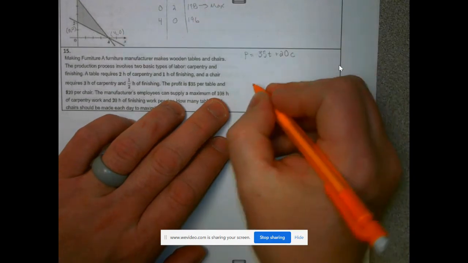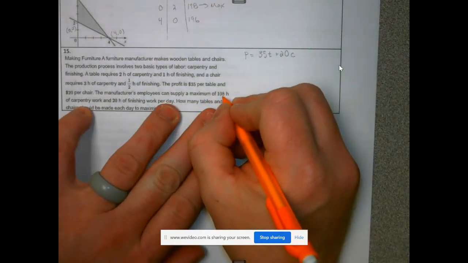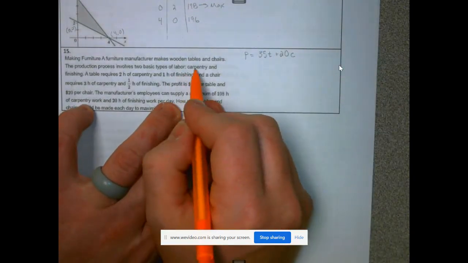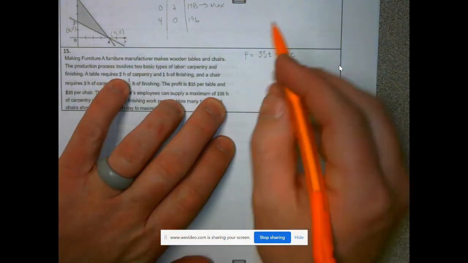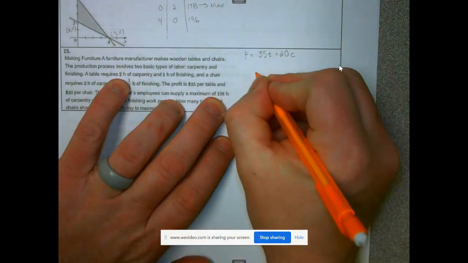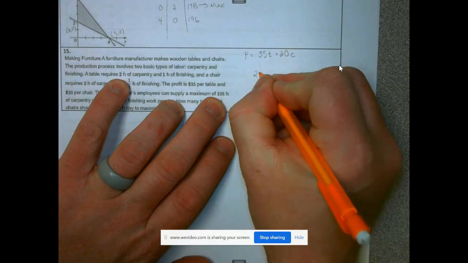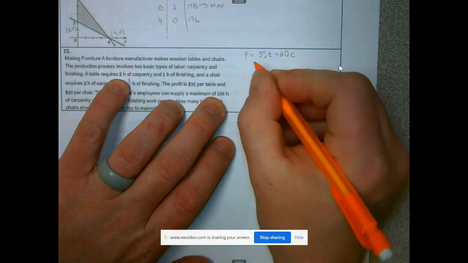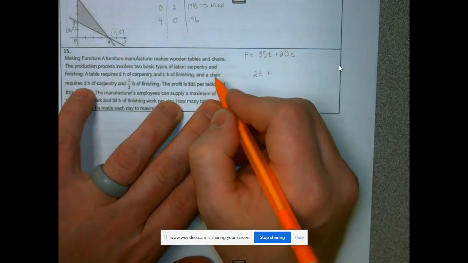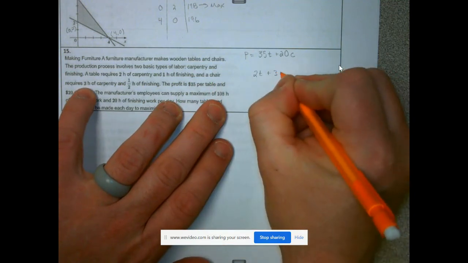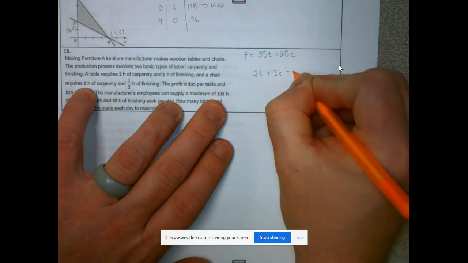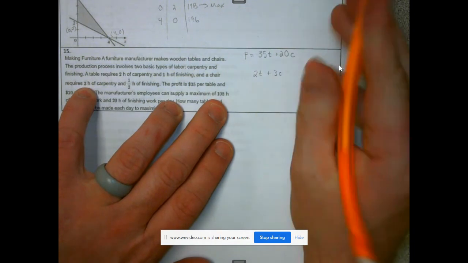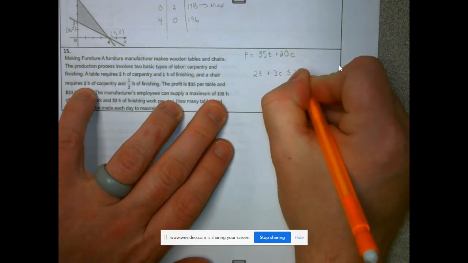Okay, so let's find an equation right now for carpentry. So if we look back up here, a table requires 2 hours of carpentry. So we have 2 hours for the table for carpentry, and a chair requires 3 hours of carpentry for a chair, less than or equal to 108.